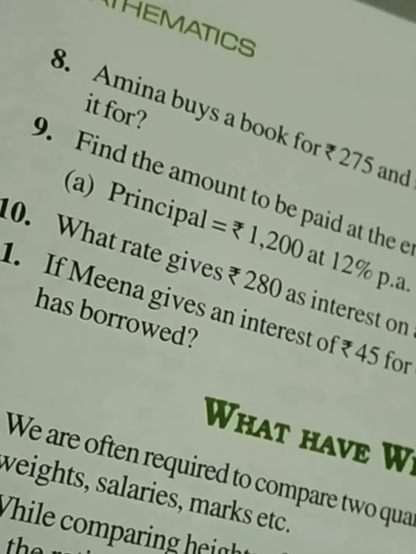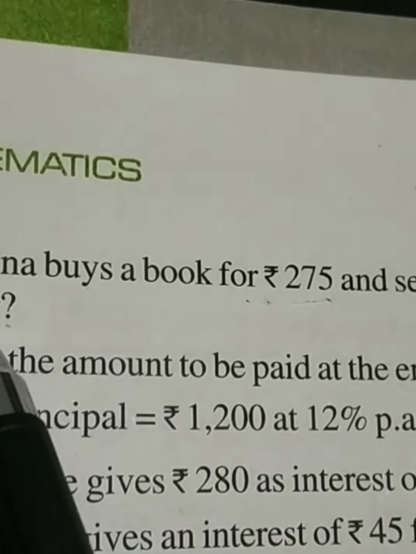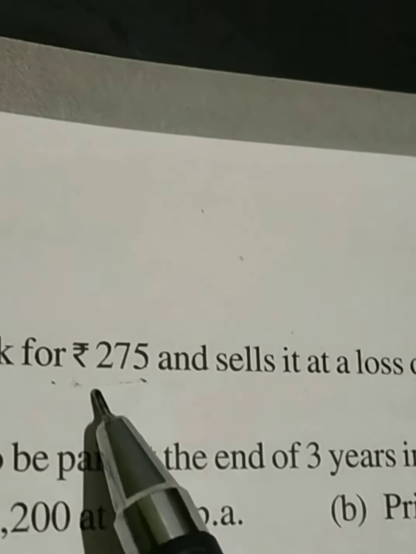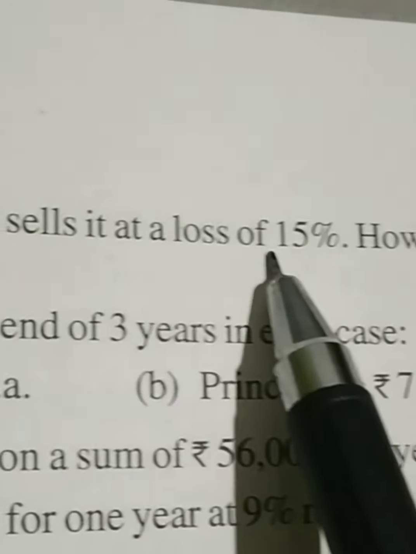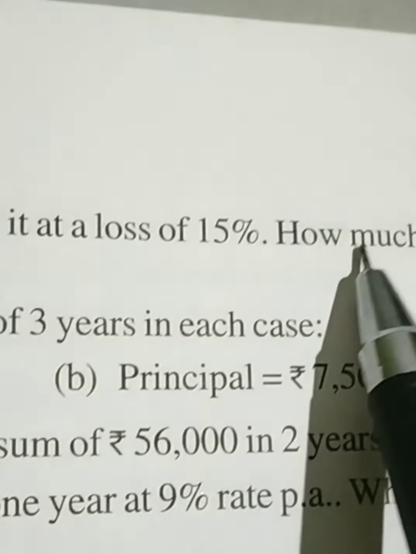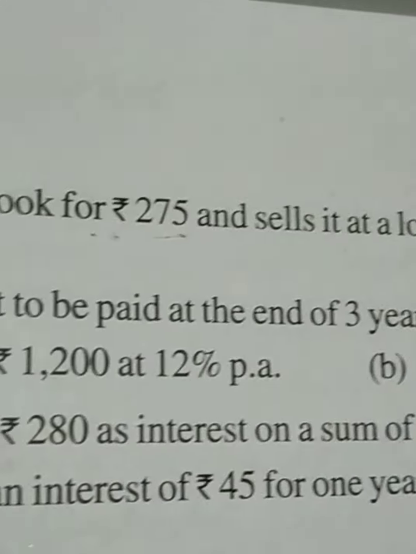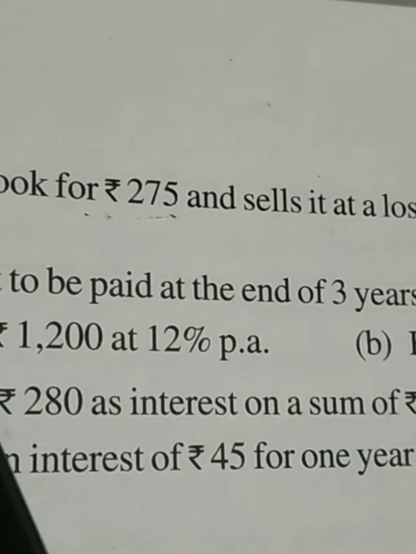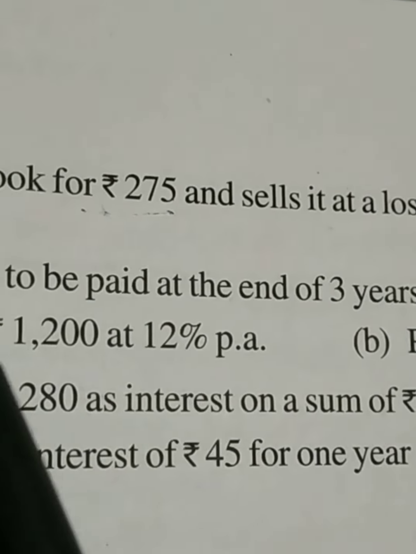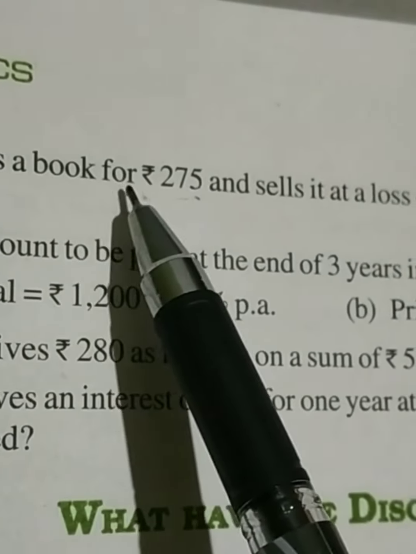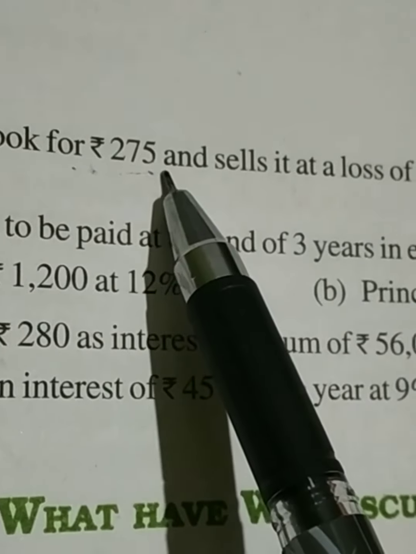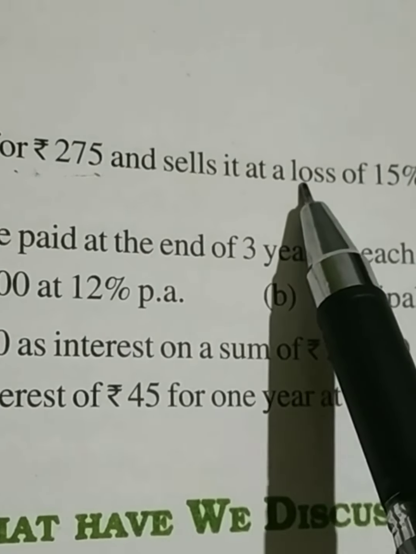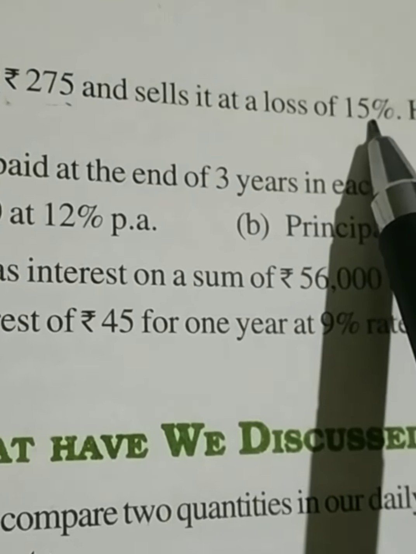Okay. Amina buys a book for rupees 275 and sells it at a loss of 15%. How much does she sell it for? So the cost price of the book is equal to rupees 275 and she sells it at a loss of 15%.